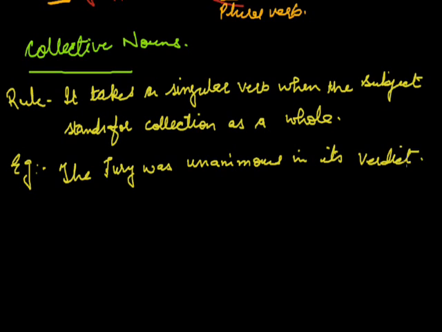Right? And sometimes a collective noun takes a plural verb when the subject stands for individuals of which it is composed. Okay? And because jury, the group of people, they took unanimous one verdict, that's why we have used singular verb.